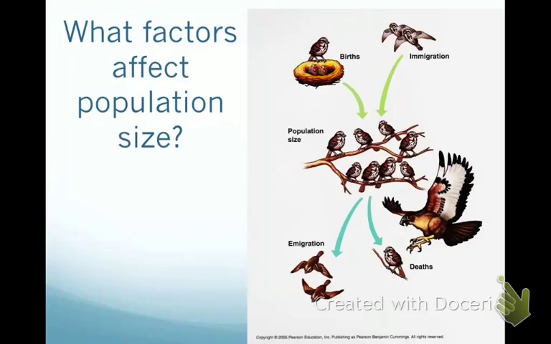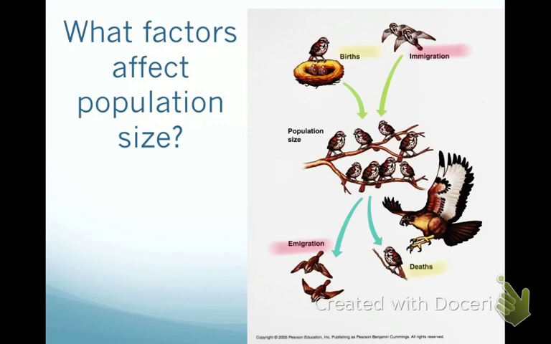So we'll kick this second part of our population dynamics lesson off with just something very, very basic, which is just the ways to directly change population size. So reproduction is important. Births will increase or add to the population. And then conversely, deaths will decrease the population size.